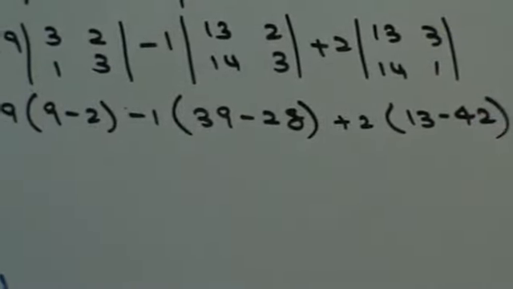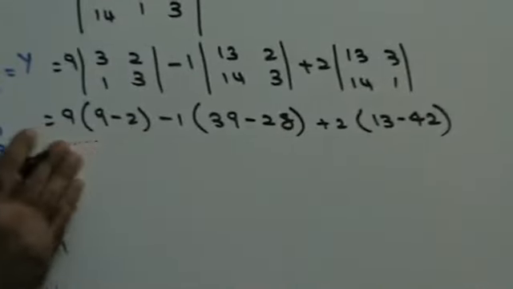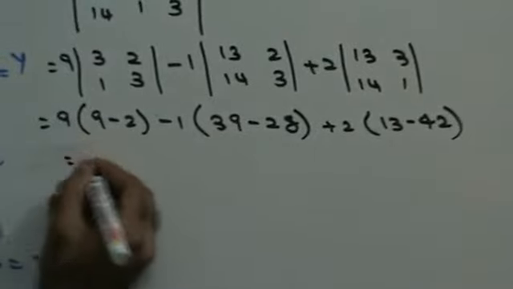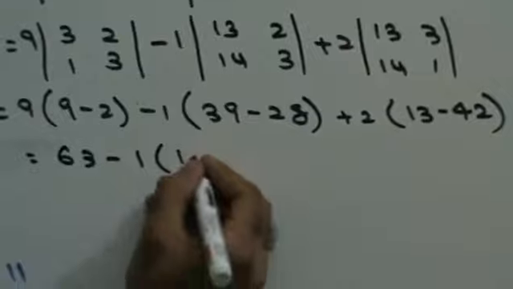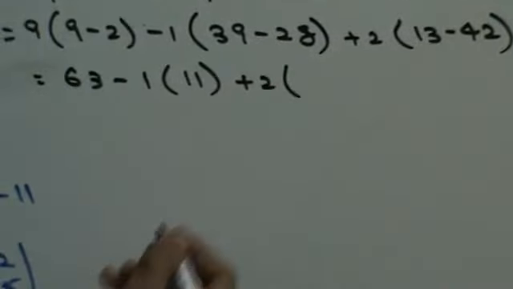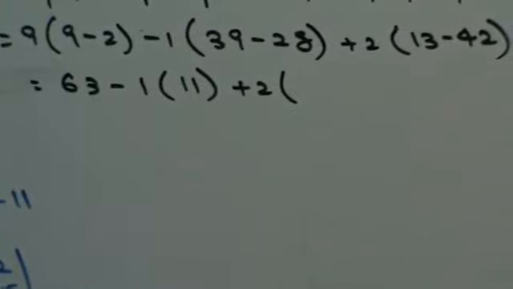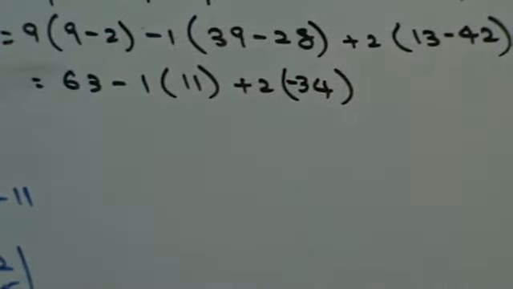Principal diagonal minus the other diagonal I have done. This is 9, this is 7. 9 7s are 63, minus 1 times 28, 38, 39, plus 2 times 68. Wait, I'll just do this. Minus 13. This is minus 34.